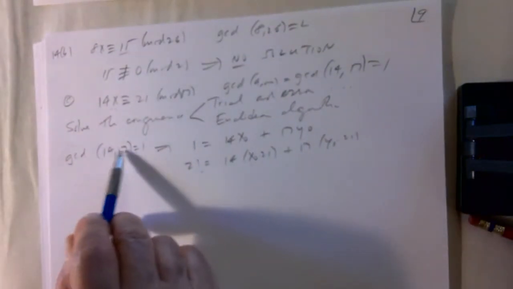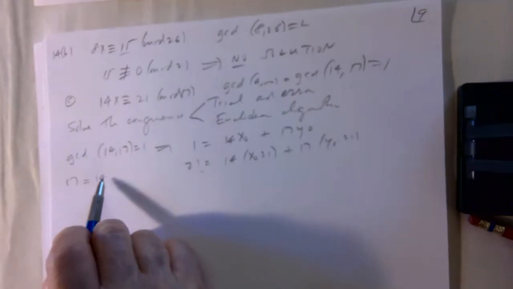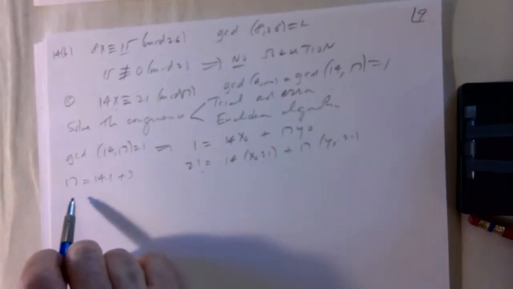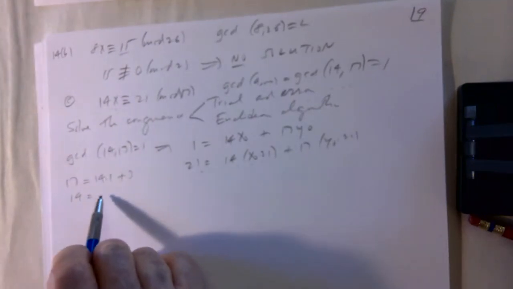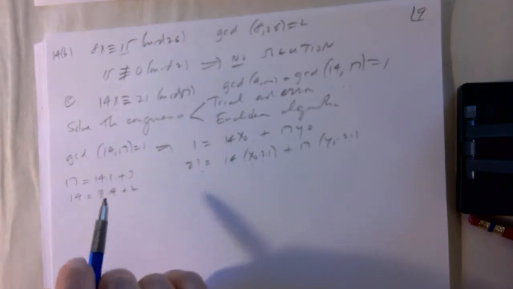Let's apply the Euclidean algorithm to 17 and 14. So 17 is 14 times 1 plus 3. 14 is 3 times 4 plus 2.